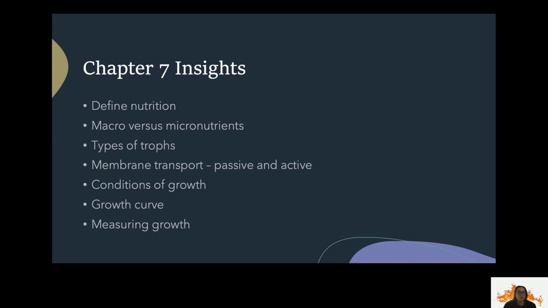We discussed the features of membrane transport, which is really the way that the microbes will be eating. Then we talked about the required conditions for growth. We finally went through and looked at how growth can be viewed on a growth curve and talked about techniques to actually measure growth of a population.